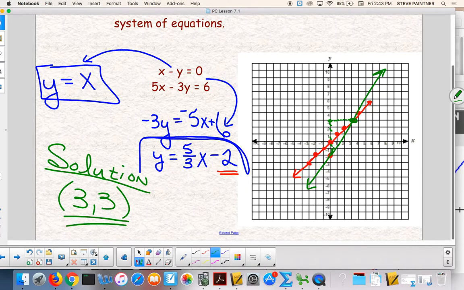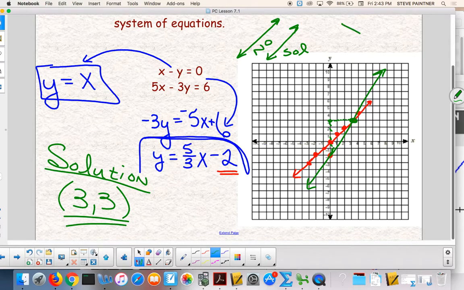So in this problem, because it's linear, two lines met in one point, so there's one solution. Remember back in Algebra 1, there was a situation where two lines are parallel, don't touch. We said what? No solution.